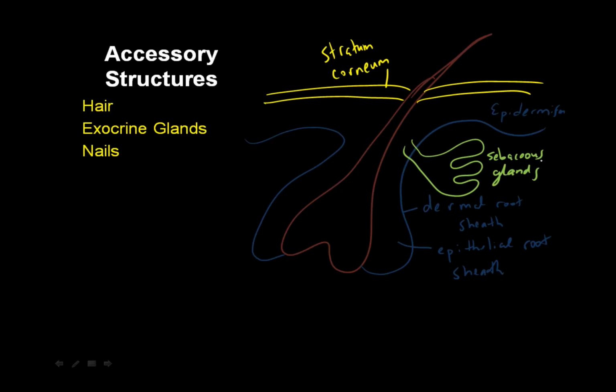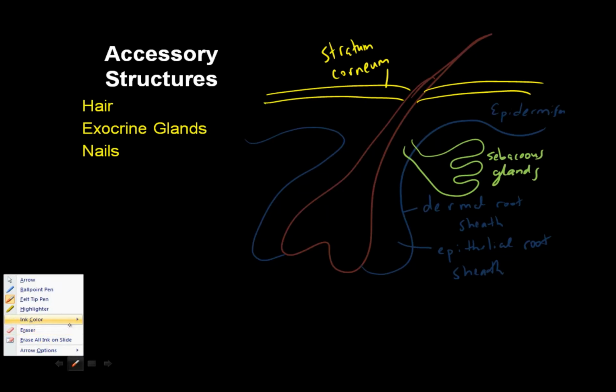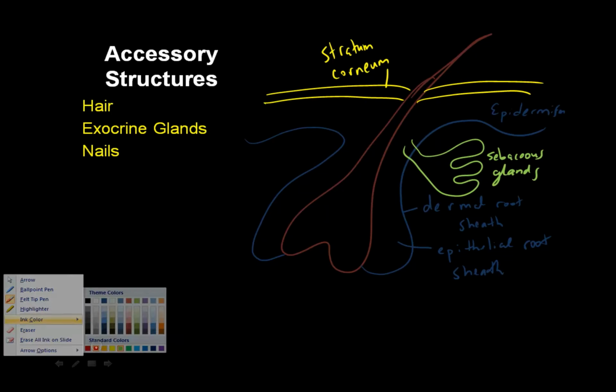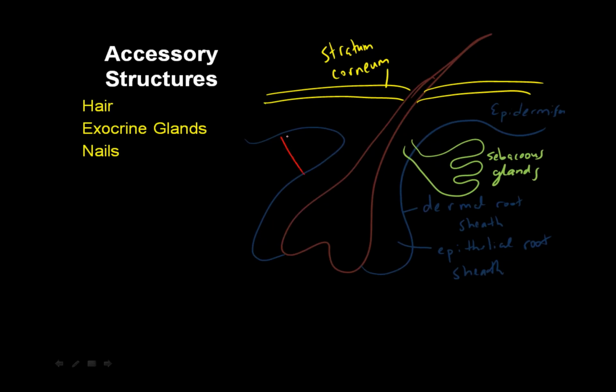Other things that you see associated with hair follicles. Let's do it over here. One of the smallest smooth muscle fibers that we have is called the erector pili muscle. Now, your book, I'm not sure if it calls it this or not. This is what a lot of them call it.